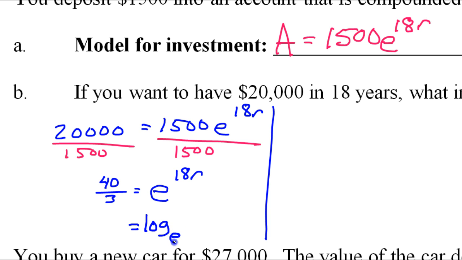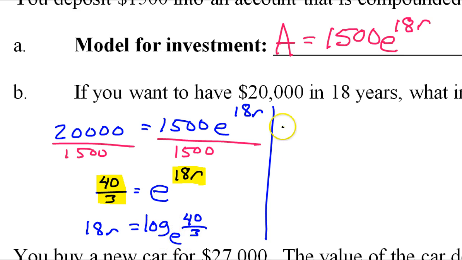So we would have log base e. Now everything else switches sides. So the 18r and the 40/3 trade places. So the 18r would come over here and the 40/3 would come over here. Now I said you would write this if you were careless because we don't write log base e.